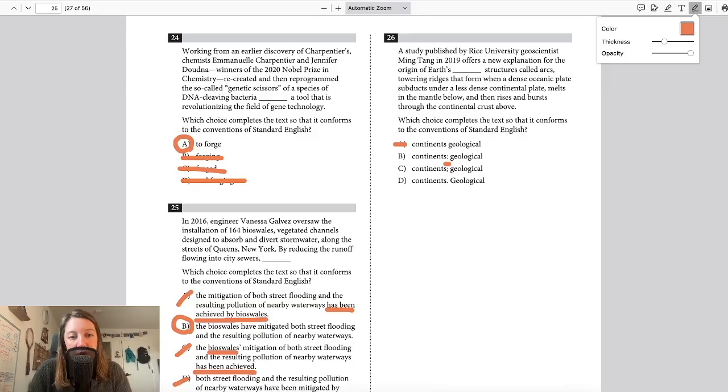Let's give the other ones some credence though and just see what they're presenting us with before we make a decision. So C says continents with a semicolon, geological. A semicolon is another one of those ones that people are kind of like, I don't really know when I should throw that in there. A lot of my students say, I just put it in there to look fancy, or because I'm writing a paper for school and I feel like my teacher would like it better if I use semicolons.